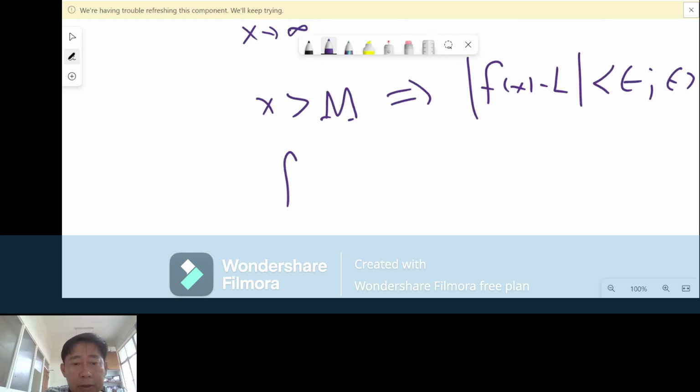When you apply this to the case of f(x) = 1/x, then L is equal to 0.